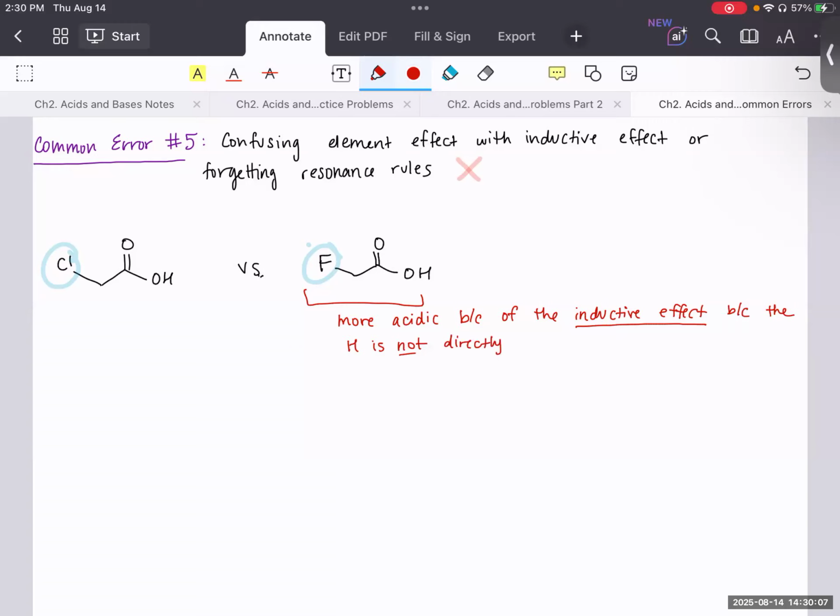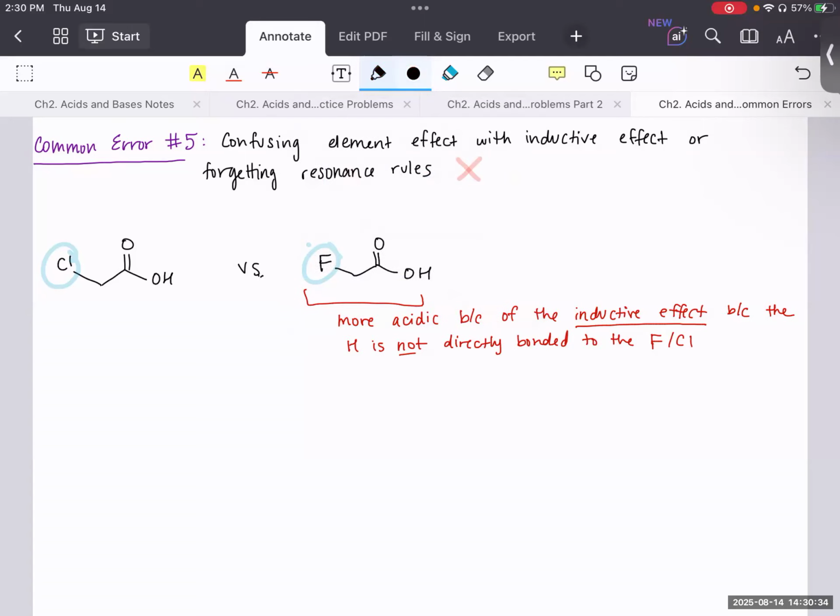We only use the element effect to compare structures where the hydrogen is bonded to different atoms. And so usually with this, you get the right answer. You say which one's the correct or more acidic, but then your reasoning might just be not quite right.